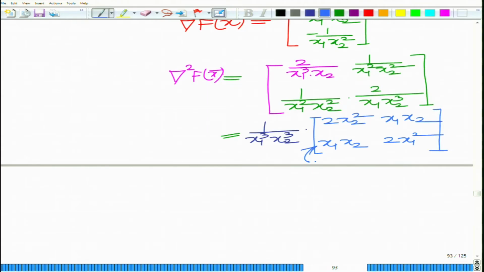Now, we want to ask the question, is this Hessian matrix positive semi-definite? There are many ways to show this. One of the methods is of course to compute the eigenvalues, which might be slightly tedious. What we are going to do here is decompose this into factors of the form A times A transpose.